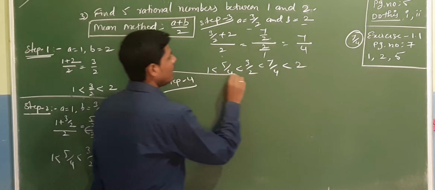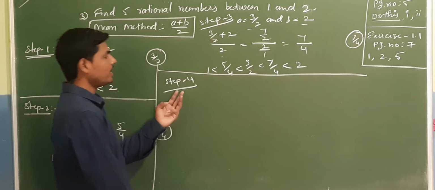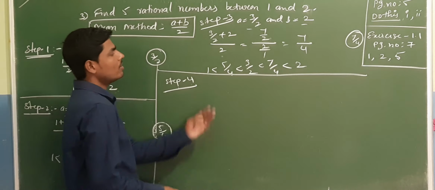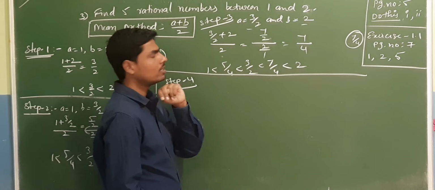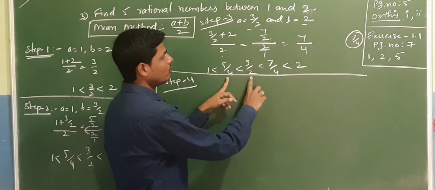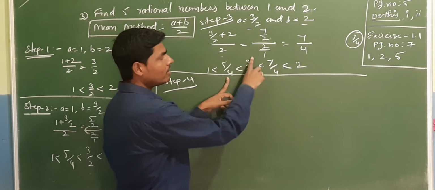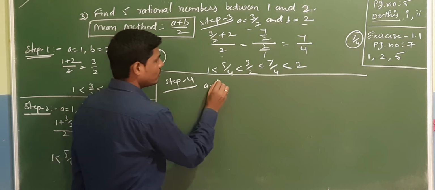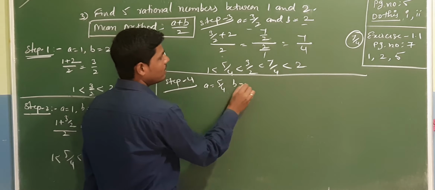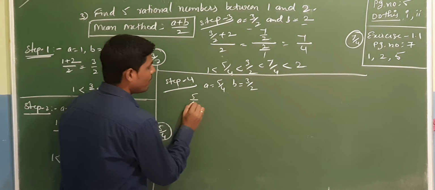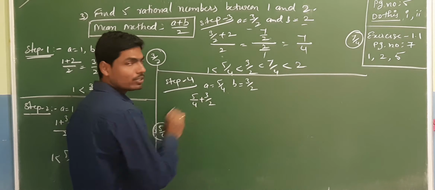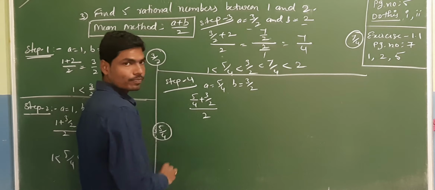So step 4. Till here the third step is completed. Now take step 4. From these rational numbers, take any two. Which one do you want to take? I am taking these two, 5 by 4 and 3 by 2. A is equal to 5 by 4 and B is equal to 3 by 2. Now substitute in that formula. 5 by 4 plus 3 by 2, whole by 2.